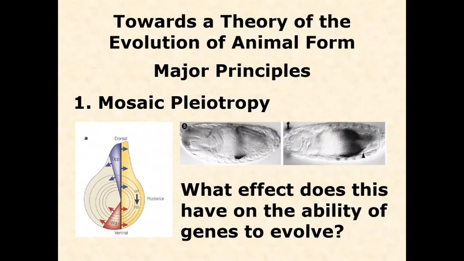Pleiotropy is where a single gene has more than one job. Or if we want to be a little bit more technical, we could say a single gene has multiple impacts on the phenotype of an organism. So for instance, these are some examples in adult organisms. We have genes that serve as heat shock proteins in cells. They help to buffer cells against fluctuations in temperature.